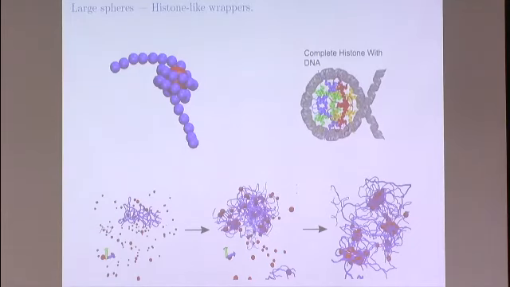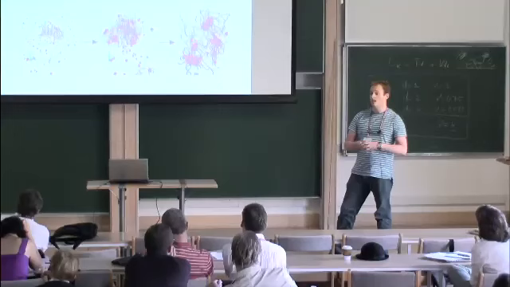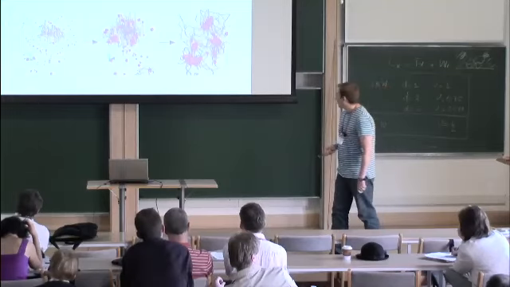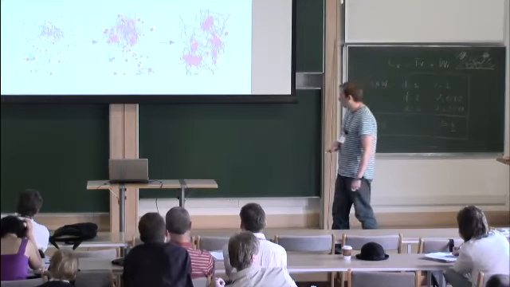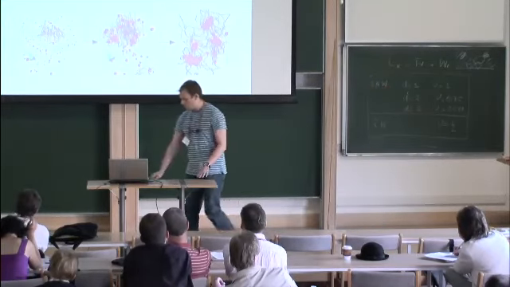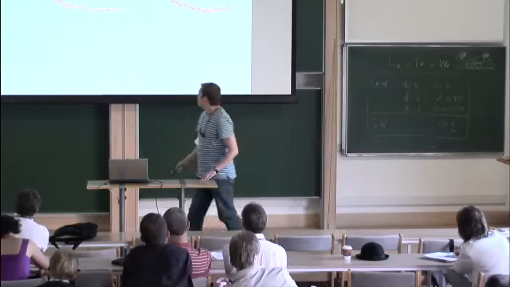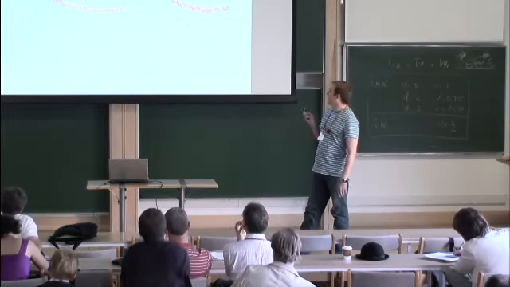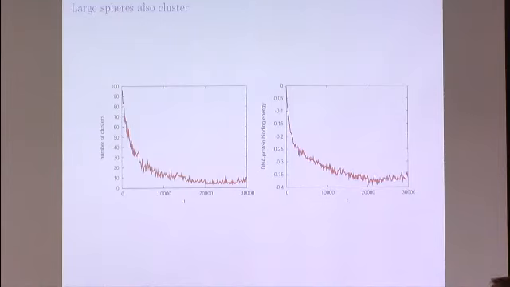And here, the clusters are more globular in shape compared to the rows which we had with the small proteins. And they're also a bit larger. Okay. And again, you can plot the number of clusters as a function of time, and also the total DNA protein interaction energy as a function of time.